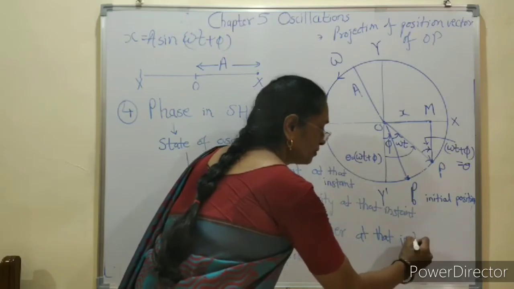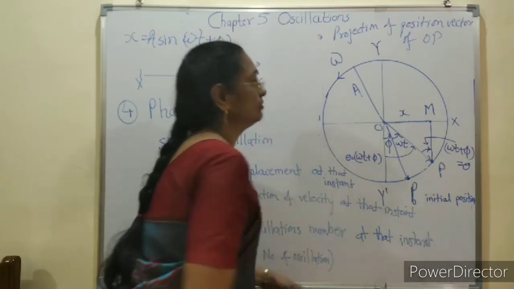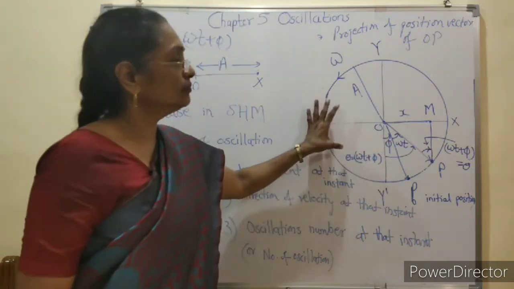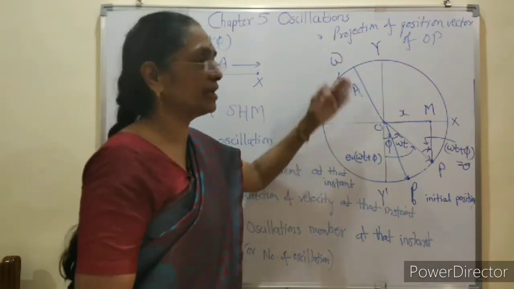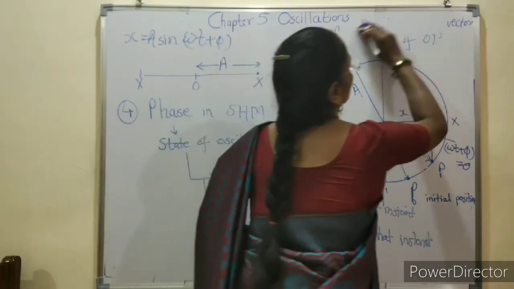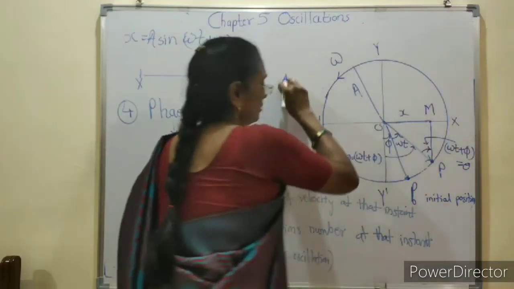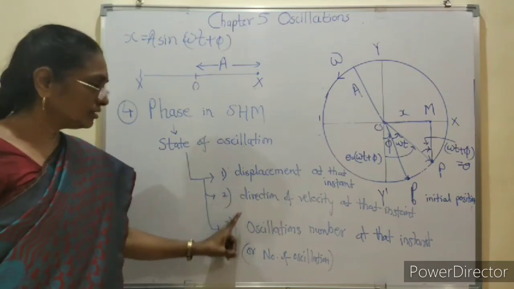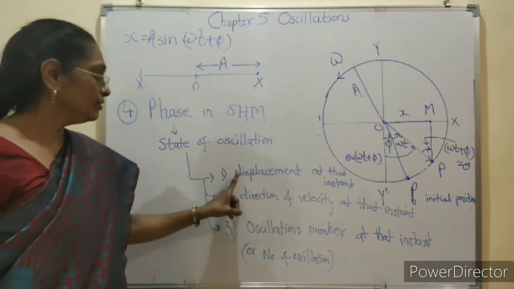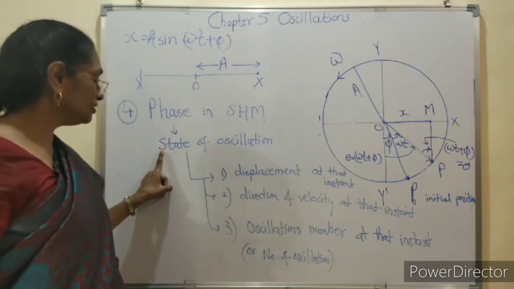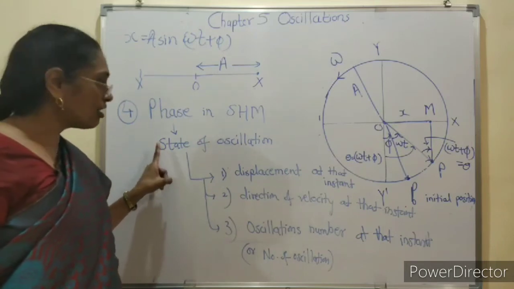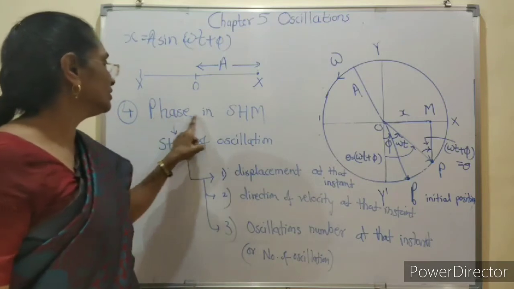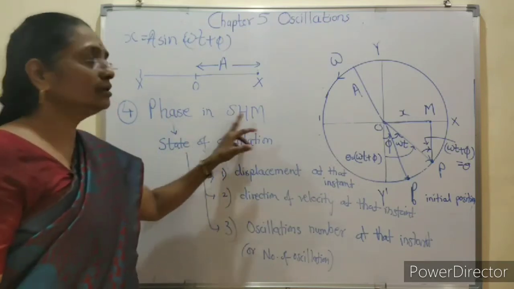So when we observe the motion here, by considering UCM as well as SHM in relation with UCM, then we can give such description easily for the determination of state of oscillation, and then we can write phase in SHM.